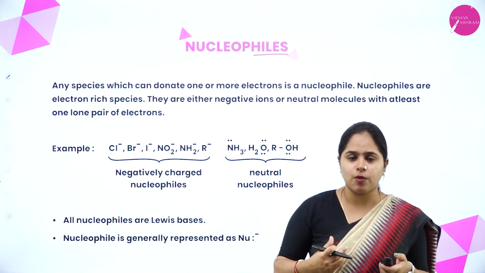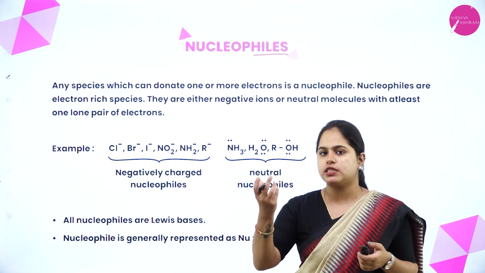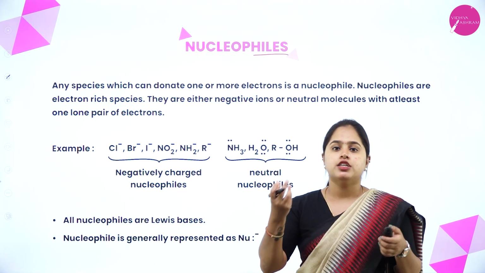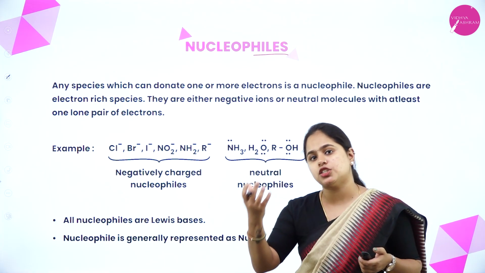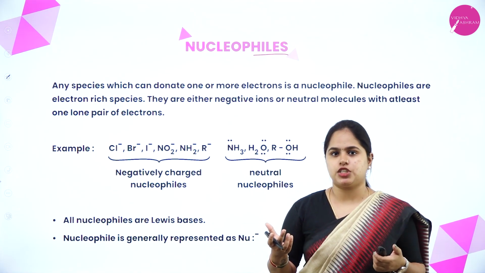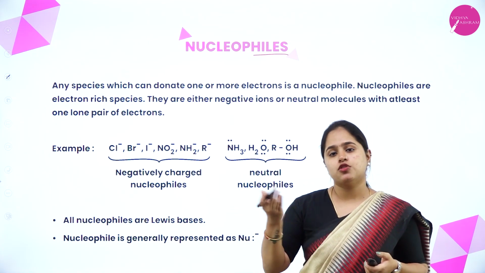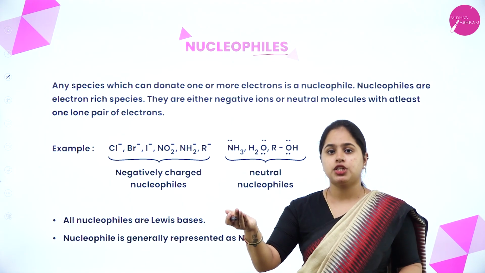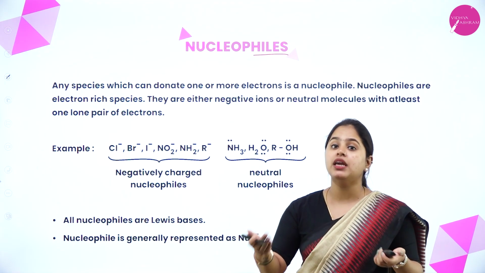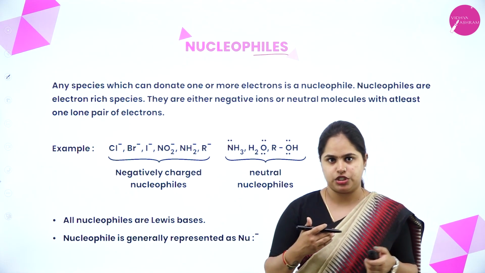If someone is having an attraction towards nucleus, we know that nucleus is positively charged, so that particle must be negatively charged. We know that negative and positive charge will have attraction. So if the nucleus is positively charged, then our nucleophile must be negatively charged. That is how they are having an attraction with each other.